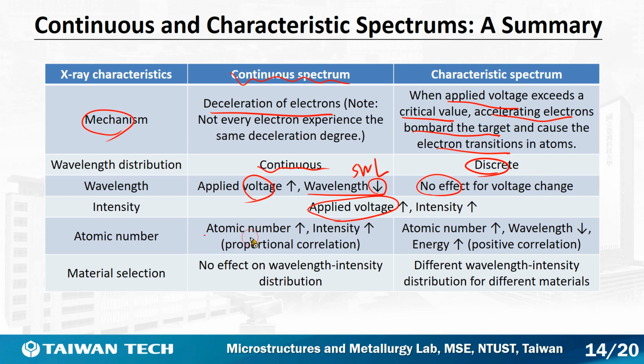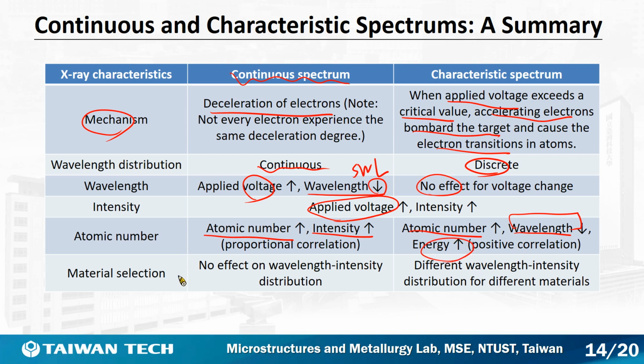And if we increase the atomic number of the target, the intensity of the continuous X-ray will increase. For the characteristic one, it shows no result for the intensity. And if we increase the atomic number, the wavelengths will decrease, because different materials have different characteristic spectrums. Okay, and we have smaller wavelengths if we have higher energy.